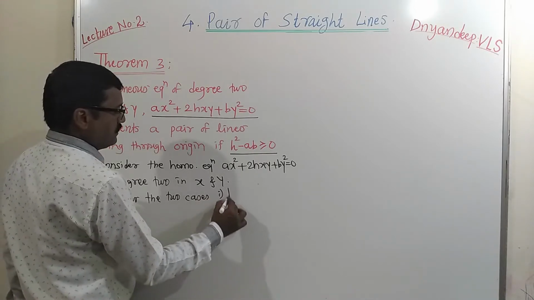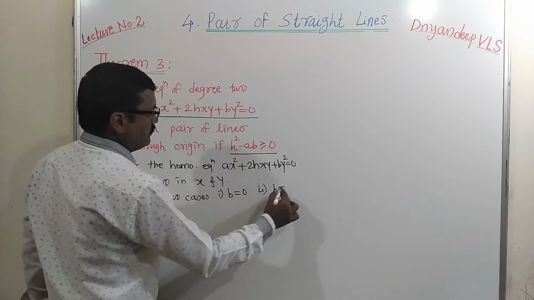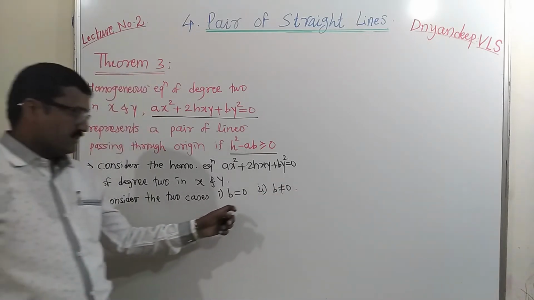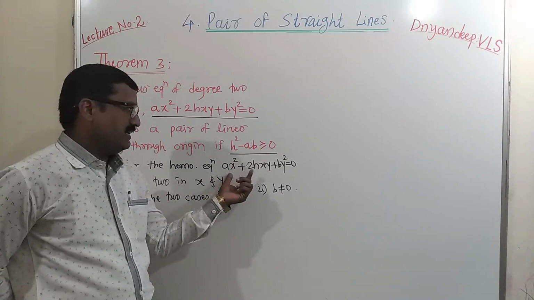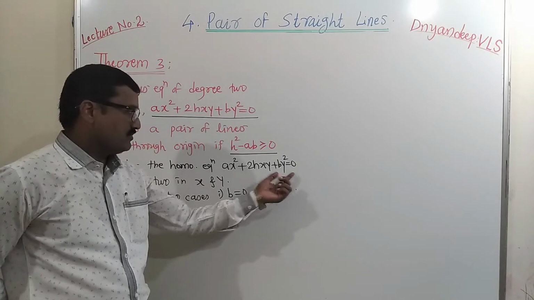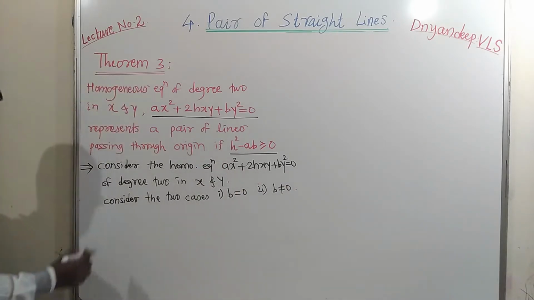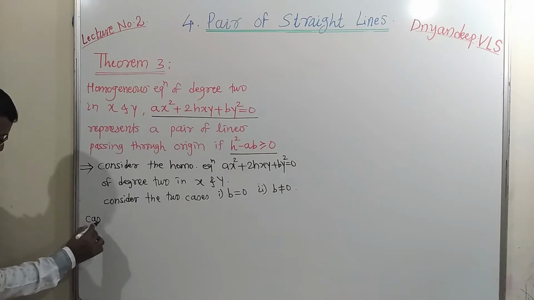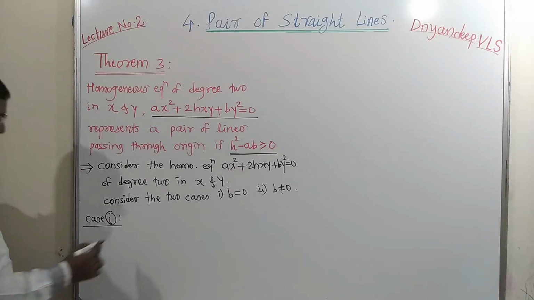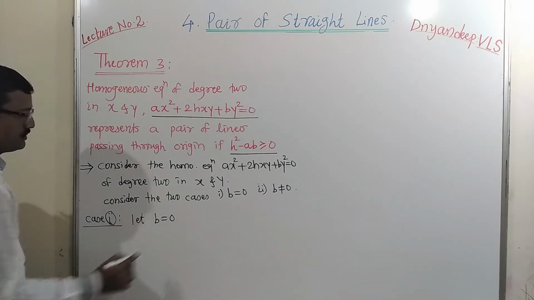First one, b is equal to 0, and second one, b not equal to 0. Whenever we are considering b equal to 0, it means a and h are non-zero. Whenever we are considering b not equal to 0, it means obviously a and h are also non-zero constants. Okay, so case 1. In this case 1, let b equal to 0.